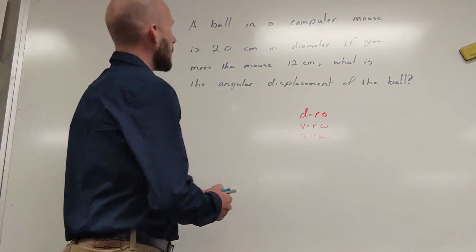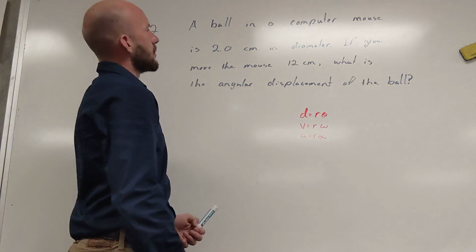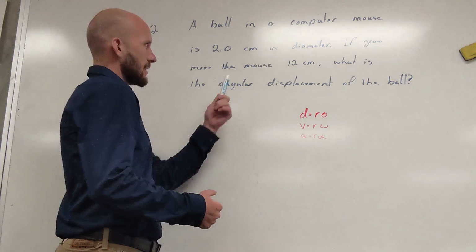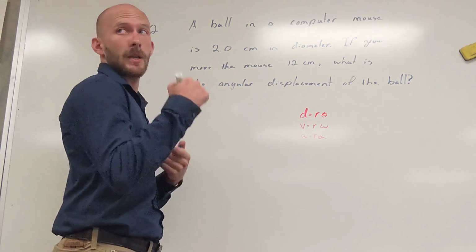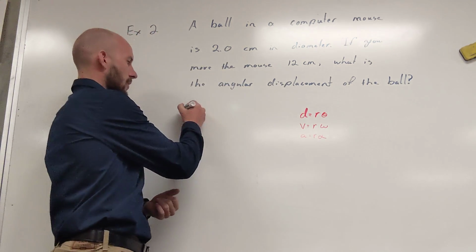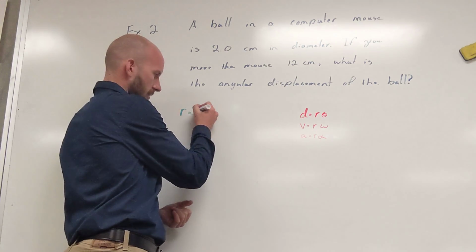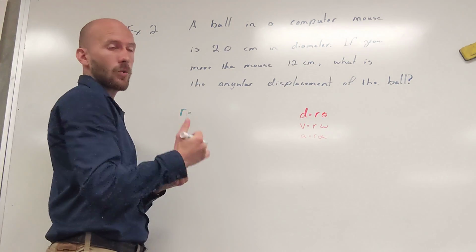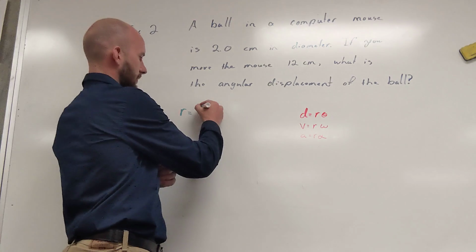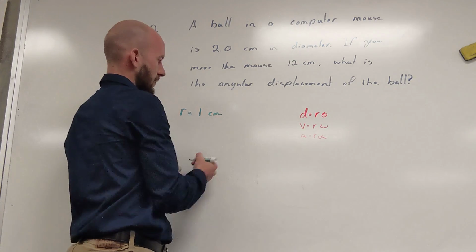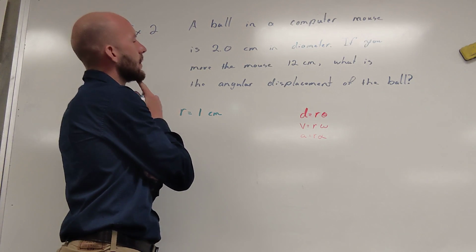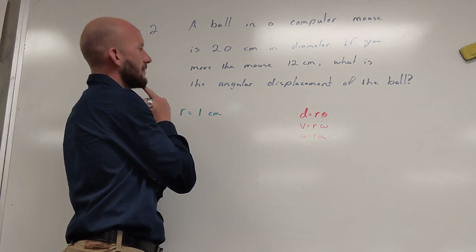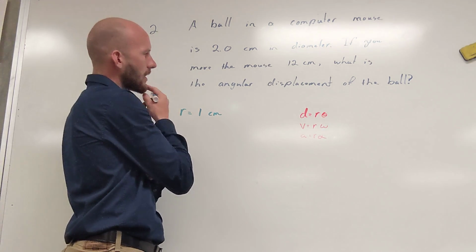So I'm going to go through a couple things. A ball in a computer mouse is 2.0 centimeters in diameter, so be careful there. We know from that that the radius is half of that, so 1 centimeter. If you move the mouse 12 centimeters, what is the angular displacement?